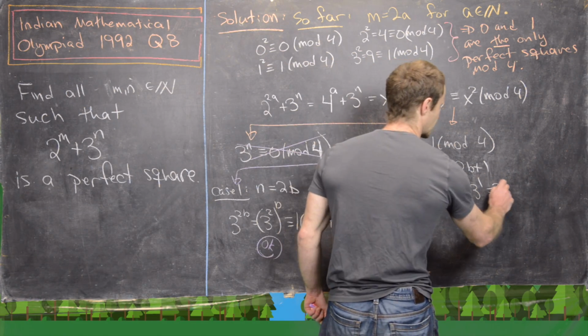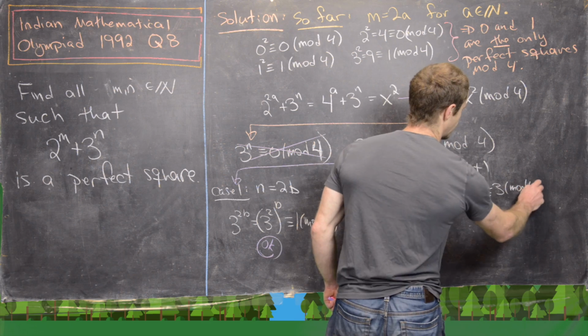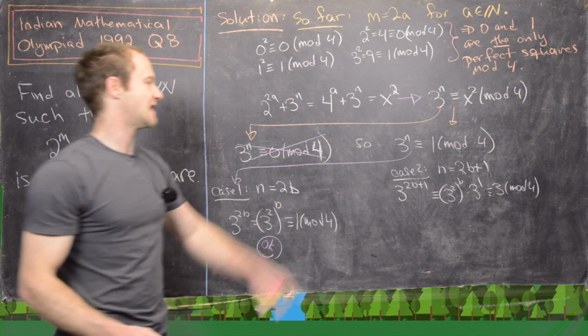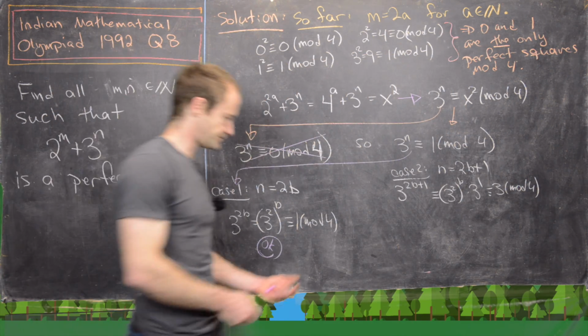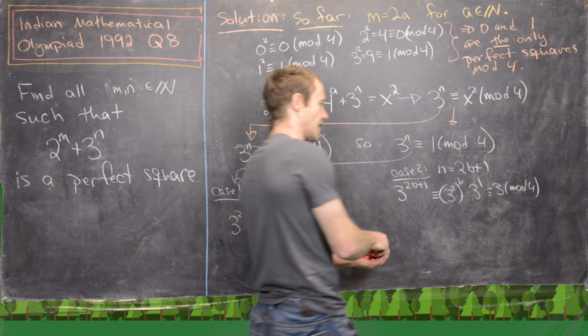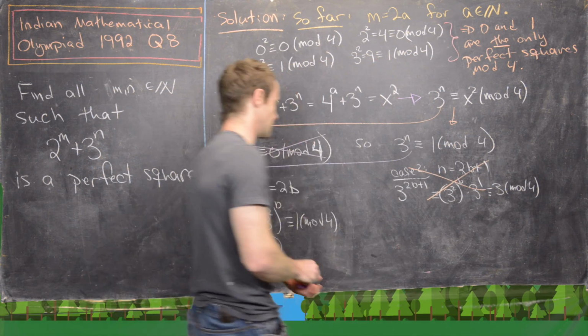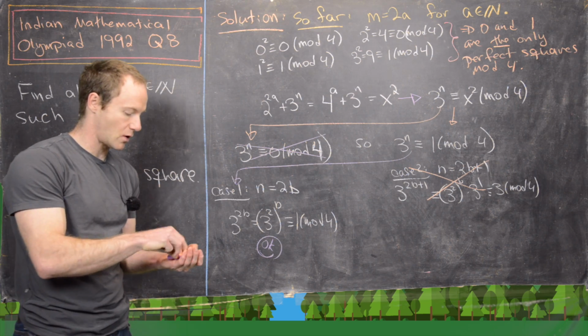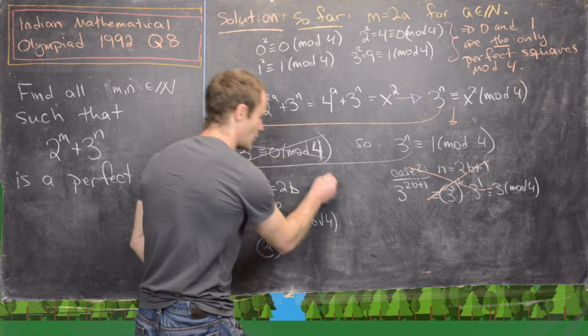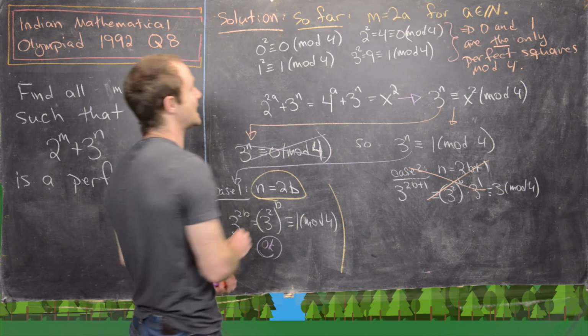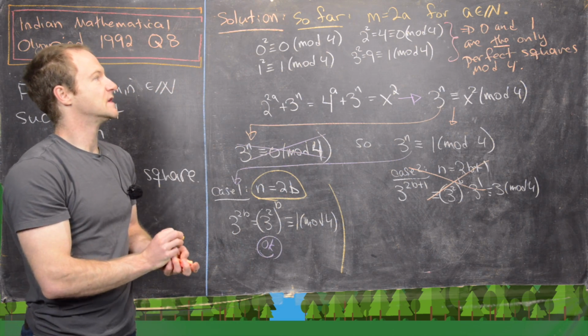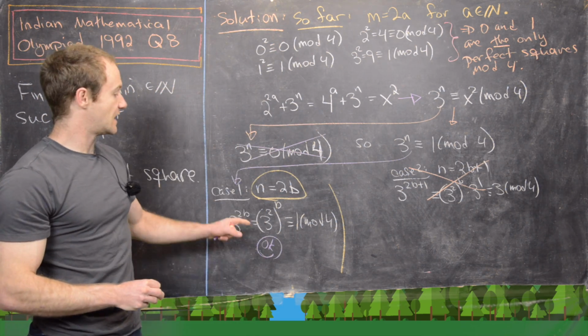And so that's going to be congruent to 3 mod 4. So in other words, that is not a perfect square, so that means this is impossible. Which means case 1 is the only thing that can work out, which tells us that n is also even.